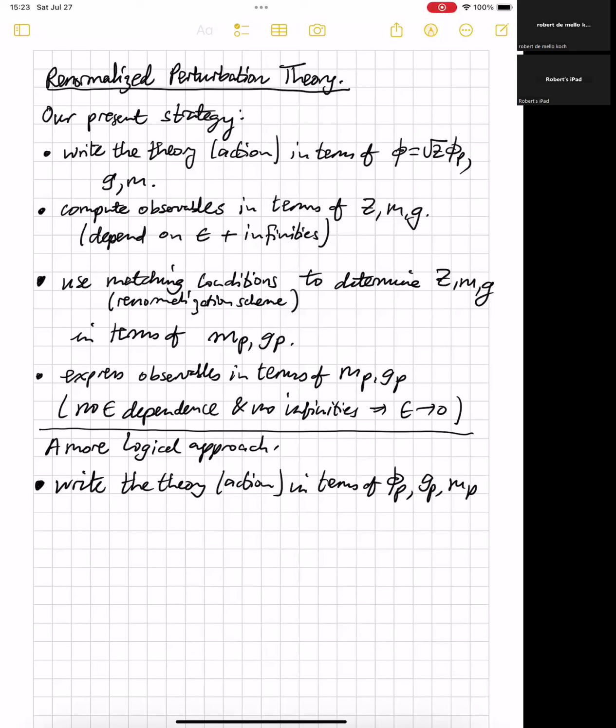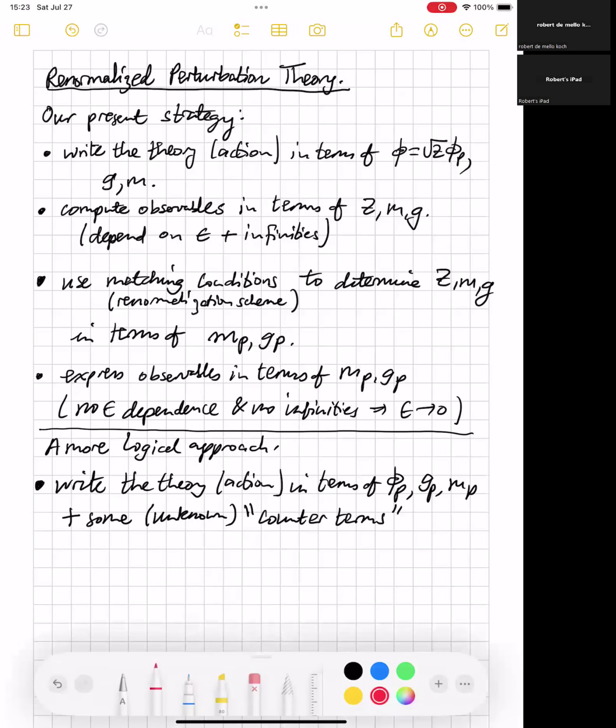But of course, you can't just express the action in terms of those. You also need to add some terms, which in general are unknown, and I'm calling them counter terms. Now, I don't expect you to know what a counter term is. So these counter terms that I've just introduced, we're going to define them below.